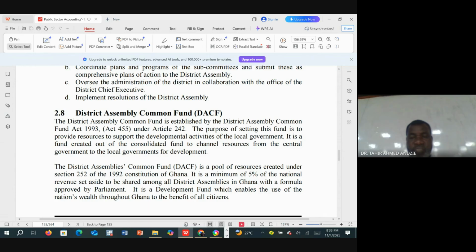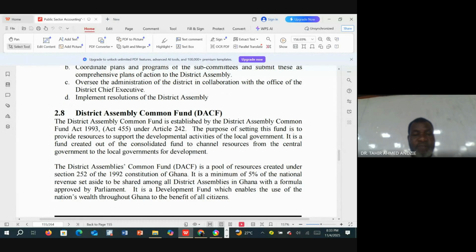The purpose of setting up this fund is to provide. Remember that we have talked about this under the funds and the various other funds created. So the purpose of this Common Fund is to provide resources to support the developmental agenda or the developmental activities of the local government.